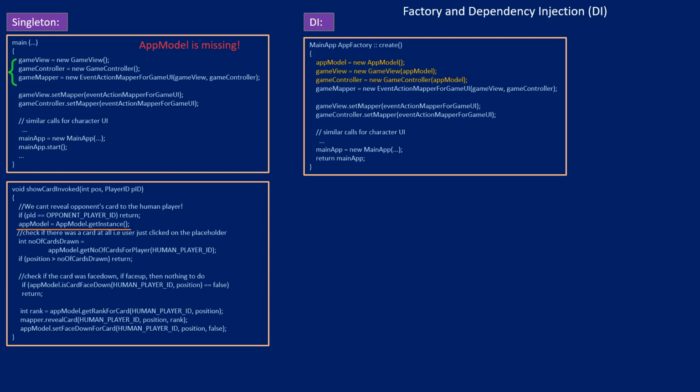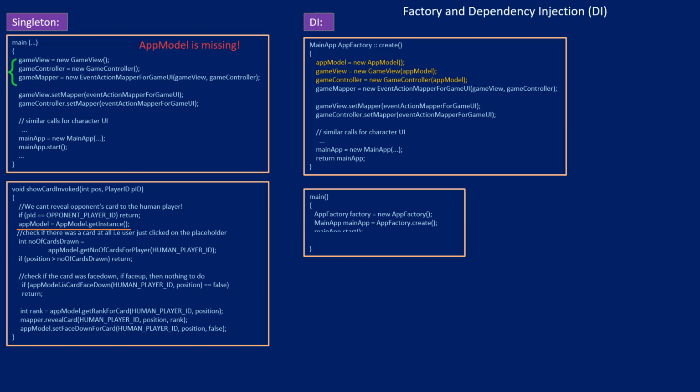Now all that the main method does is instantiate the factory class, call its create method to create the complete object graph. Since the factory returns an instance of main app class, main method can simply say start on the returned main app object to start the application.